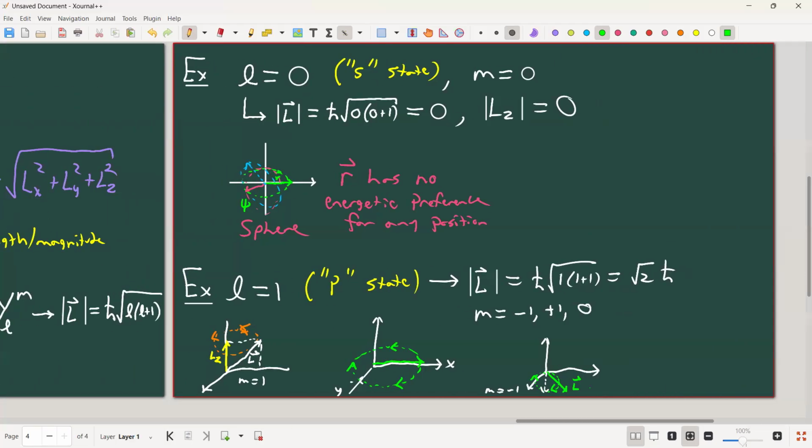Okay, it's not really clear exactly. You can kind of look at this one and say, okay, that's my PZ state, like it's pointing in this direction. But it's not really clear how these are correlated to any particular direction, because L is pointing not really along X, Y, or Z exactly. It's pointing some random direction like this.